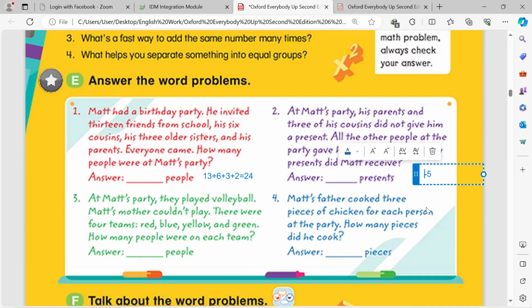What's the total number? 19? Is it 19 now? 24. Is it the same with you guys?